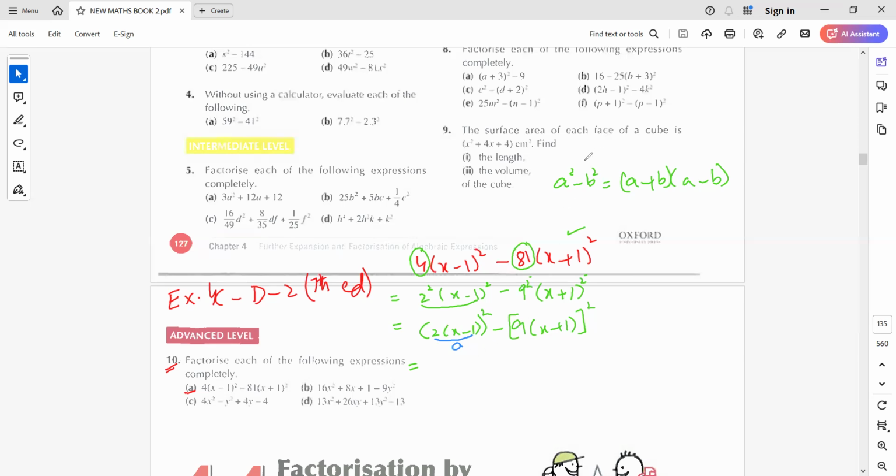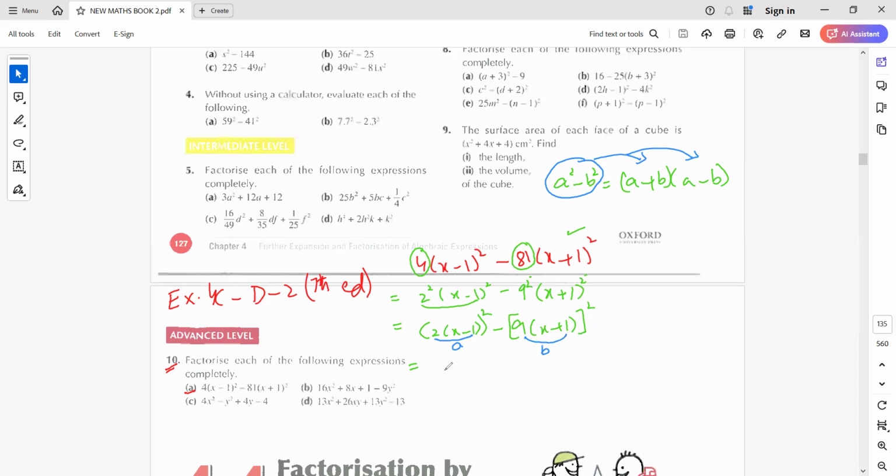Since I am having a squared minus b squared format, I will write it down as a plus b times a minus b. A being 2 times x minus 1 and b being 9 times x plus 1.